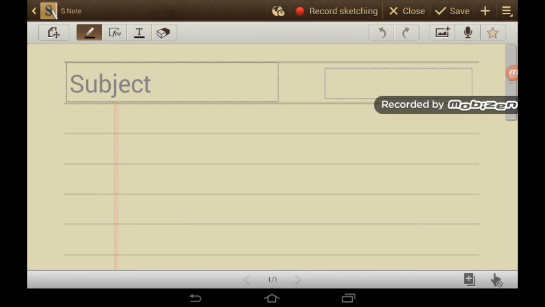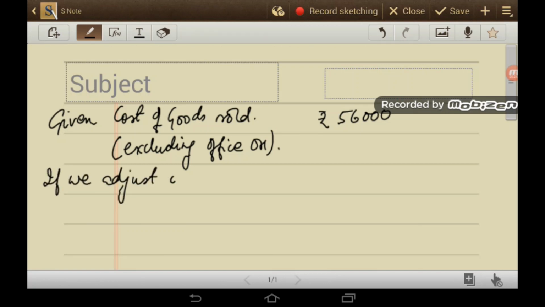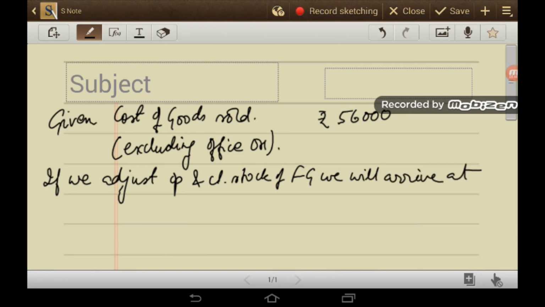Now it is given in the question, cost of goods sold at rupees 56,000, and this is excluding office overhead. So if we adjust opening and closing stock of finished goods, we will arrive at factory cost.